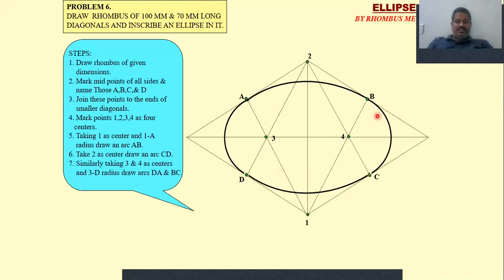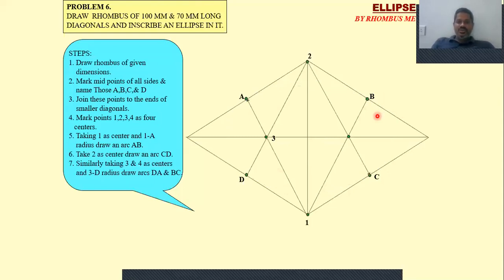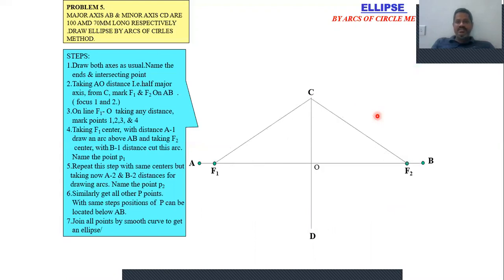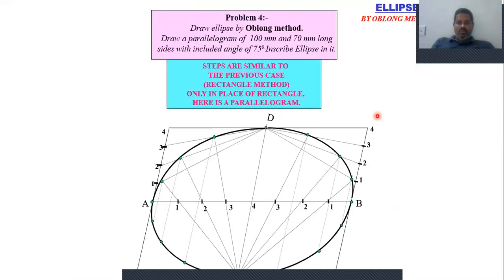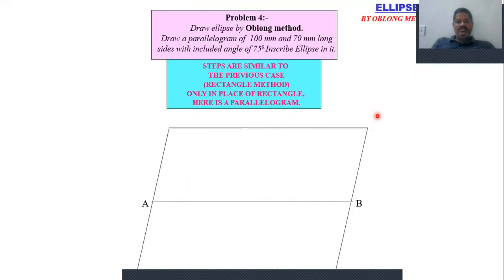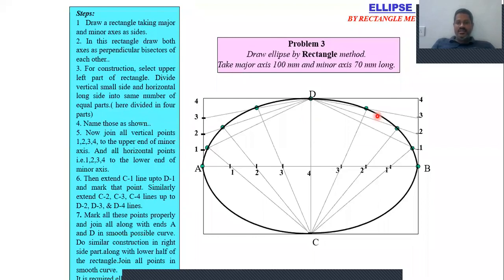These are the different methods we have seen in this slide show to draw an ellipse: the rhombus method, the concentric circles method, the arcs of circles method, the oblong method and the rectangle method.